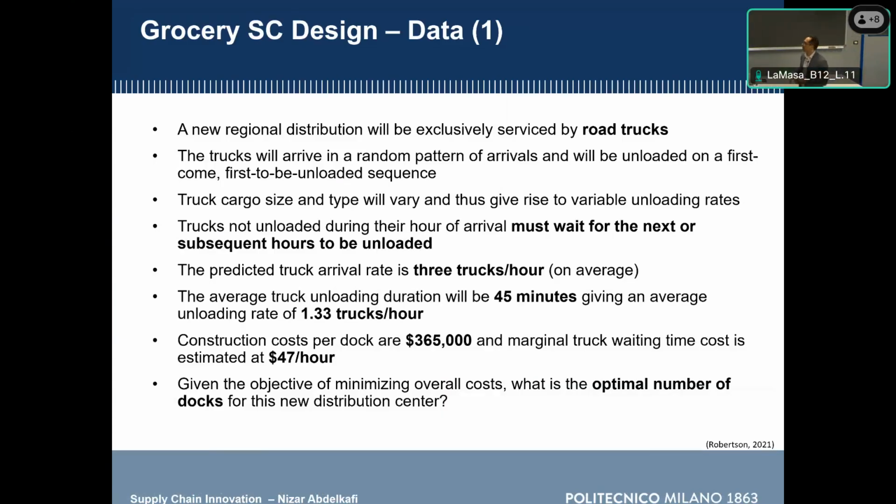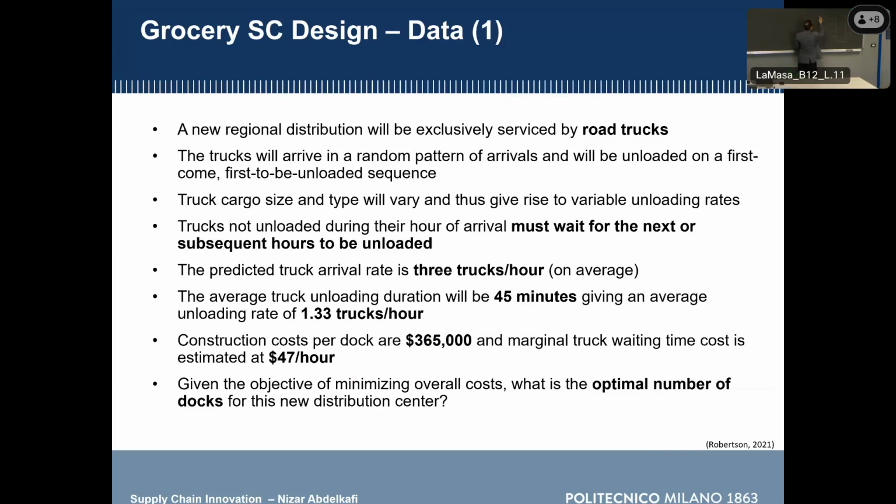You have many docks, and this is the number, the optimal number, that we will try to determine. If you have a cross dock or a distribution center, this is the center, and then you have docks here. These are the entries to the distribution center.